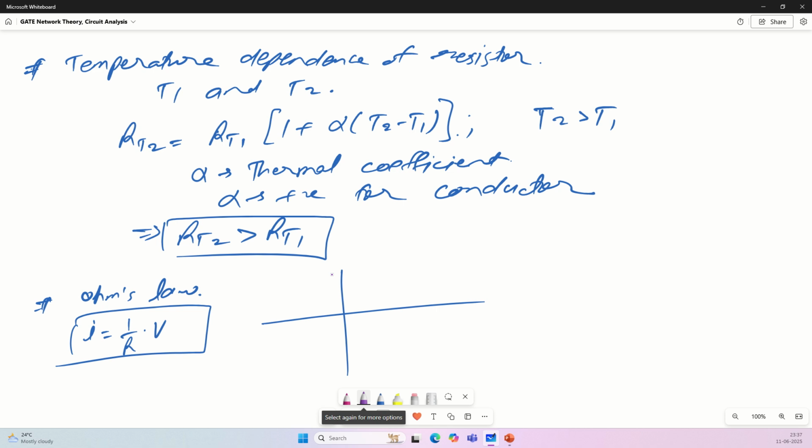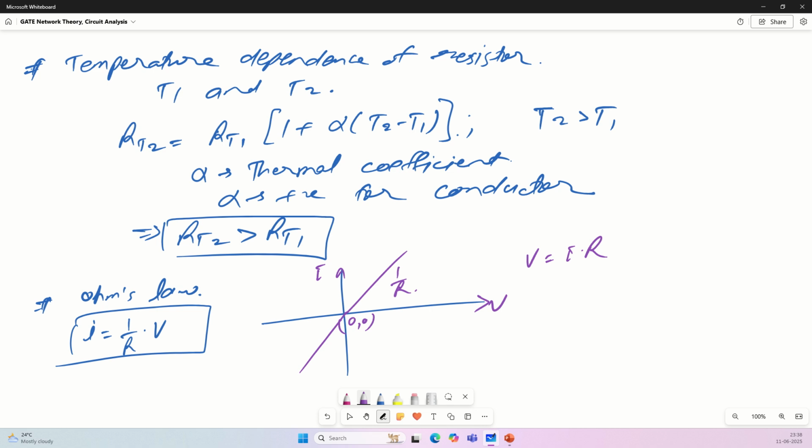Let us say this is my voltage and this is my current. What is going to happen is it is like this. Let us say this is my origin 0, 0 and the slope of this is going to be 1 by R. So my voltage is nothing but I into R.